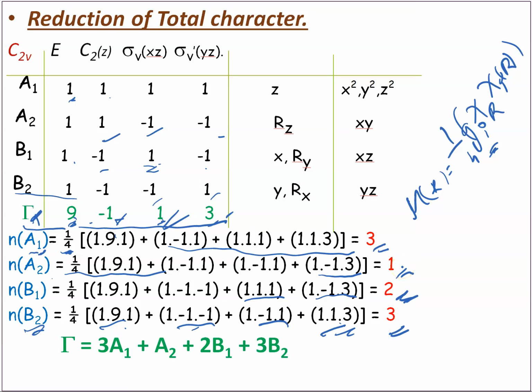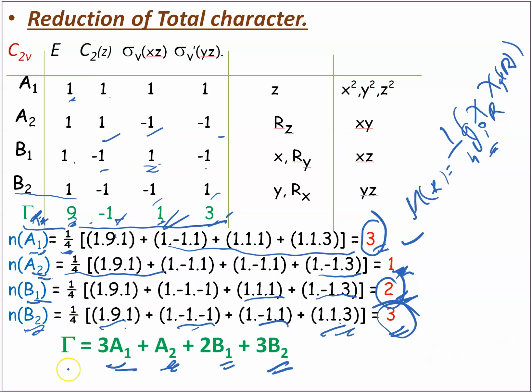That is, number of times A1 present in this total representation is 3, that is 3A1. Number of times A2 present is 1, therefore A2. Number of times B1 present is 2, so 2B1. And number of times B2 present is 3, therefore 3B2.